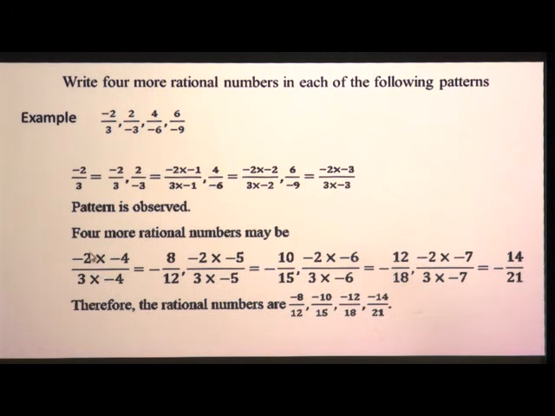The rational number we had taken is minus 2 upon 3. We multiplied it with minus 4 on both sides, that is numerator as well as denominator. Then the same rational number with minus 5, again the same rational number with minus 6, and the same rational number, minus 2 upon 3, multiplied by minus 7 in the numerator and minus 7 in the denominator. After the multiplication we get minus 14 upon 21.